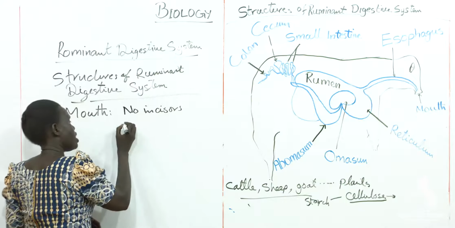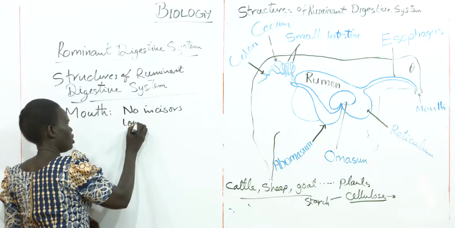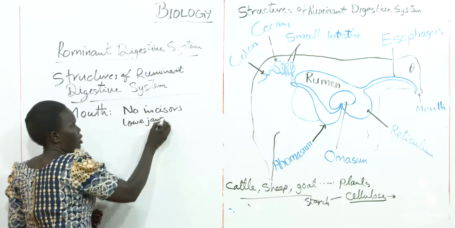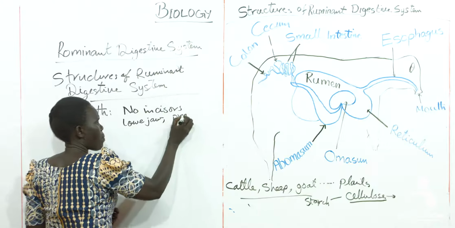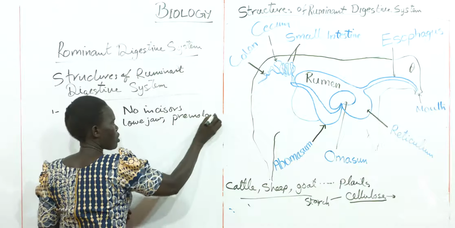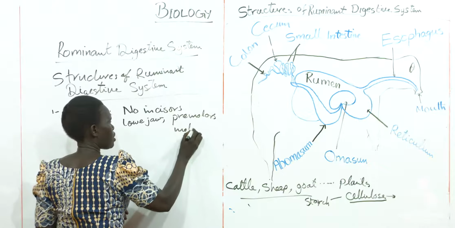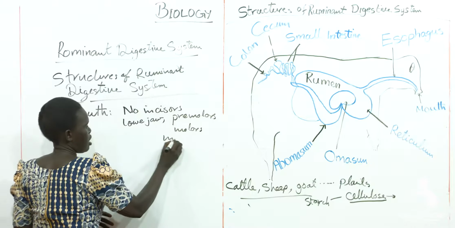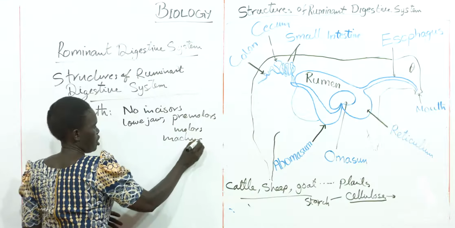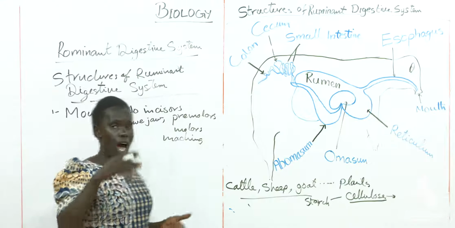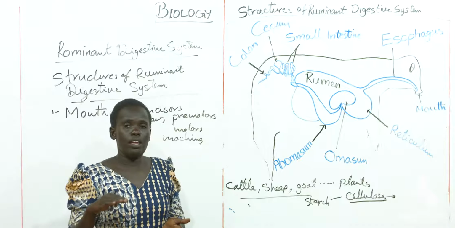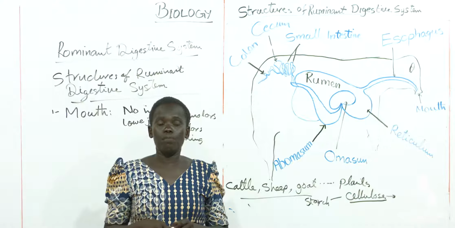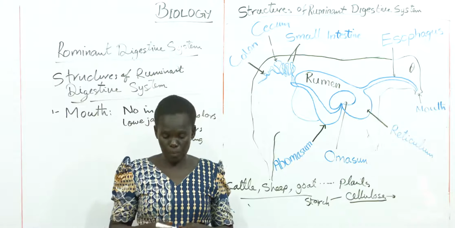The incisors are found in the lower jaw, but the premolars and molars match. That means the ones in the upper jaw and the lower jaw match properly, so they can be used for grinding.